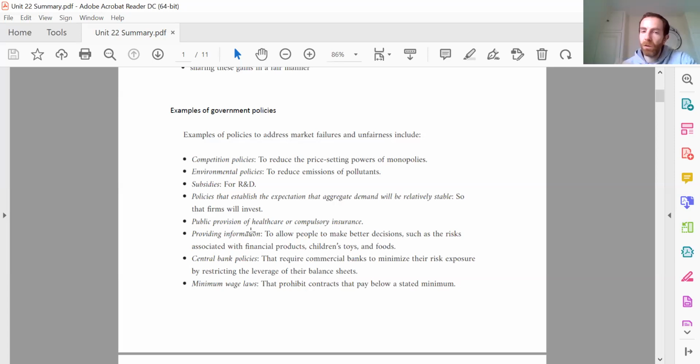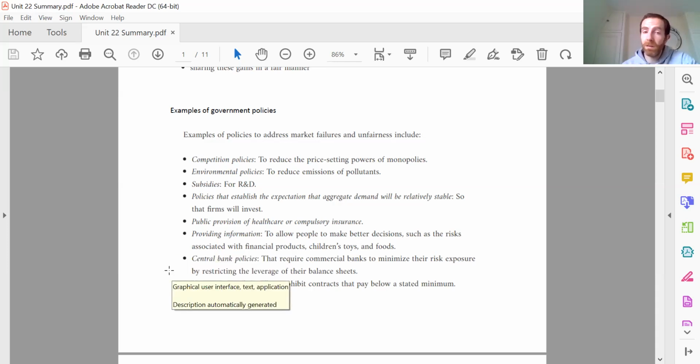Public provision of certain goods, so healthcare is an example. Similarly, instead of providing the healthcare, they could insist on there being insurance for everyone. Providing information: one of the reasons we know that there are market failures is asymmetric information, and so the government can step in to help people make better decisions by improving the information they have. Then we've got the central bank.